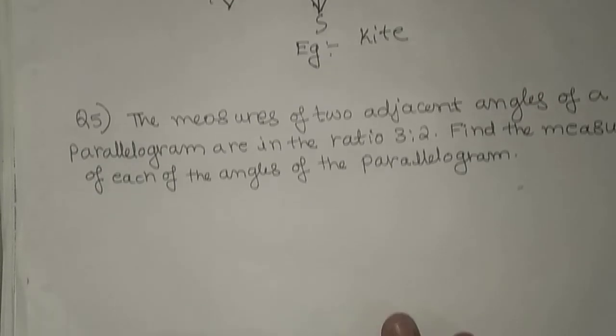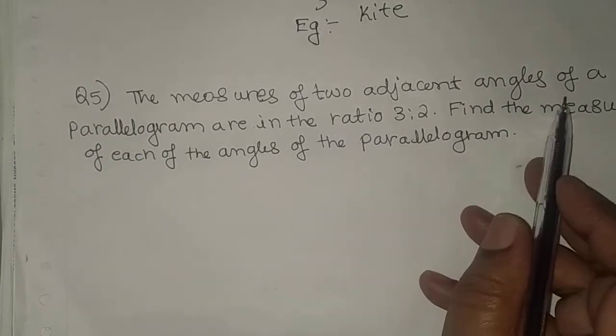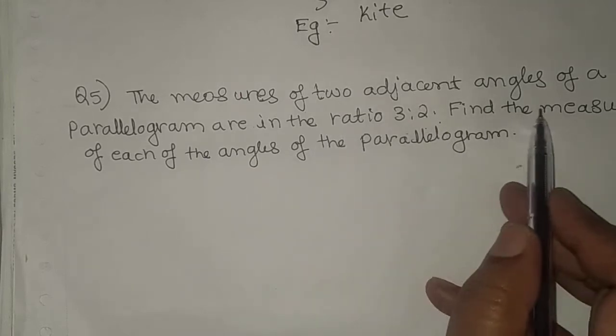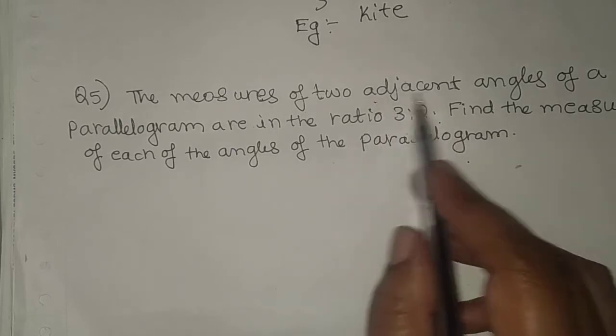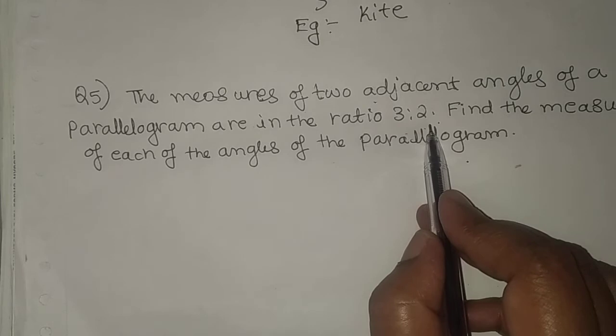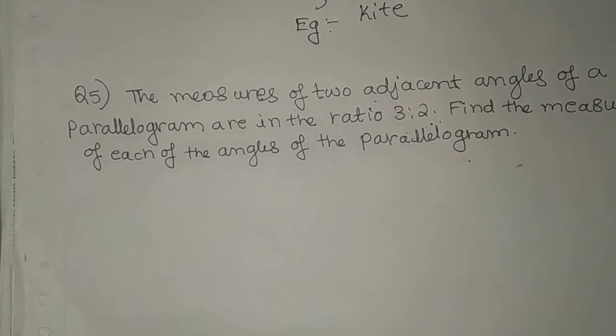Next we move on to the fifth question. The measures of two adjacent angles of a parallelogram are in the ratio 3:2. Find the measure of each of the angles of the parallelogram.